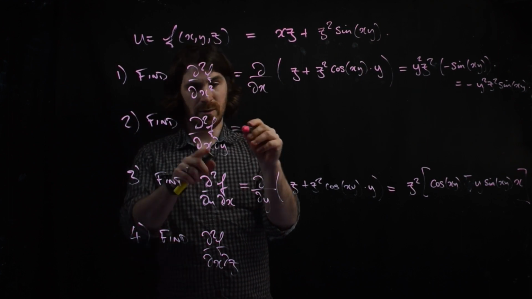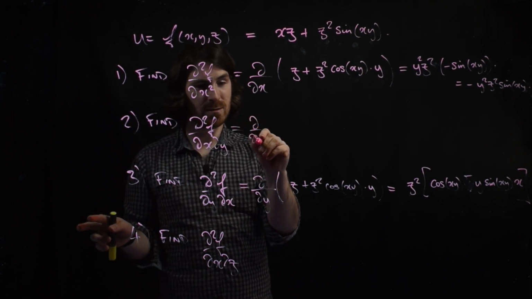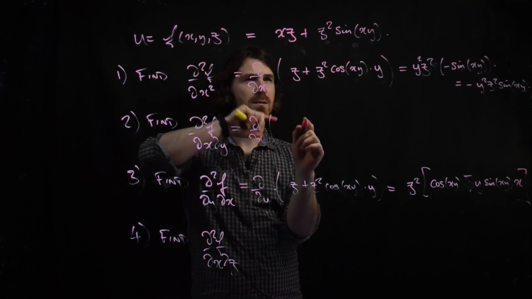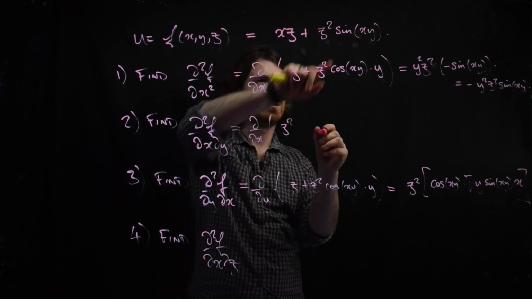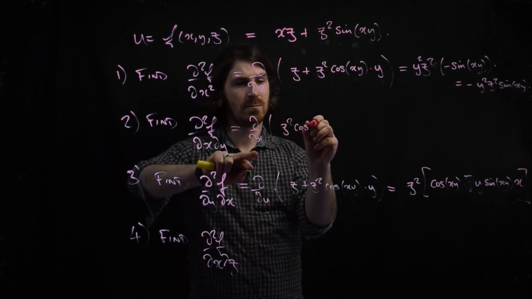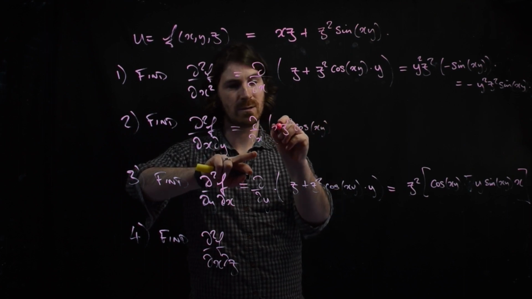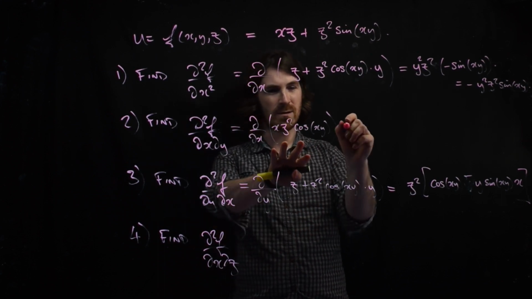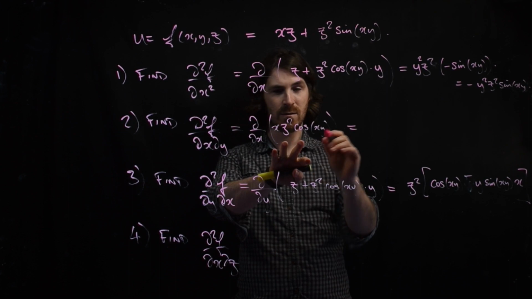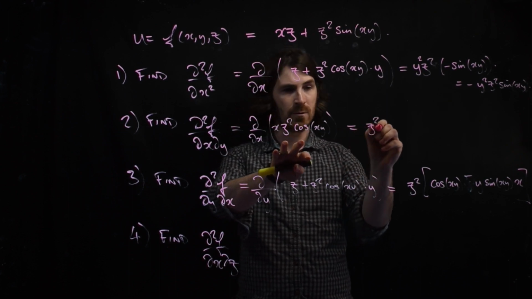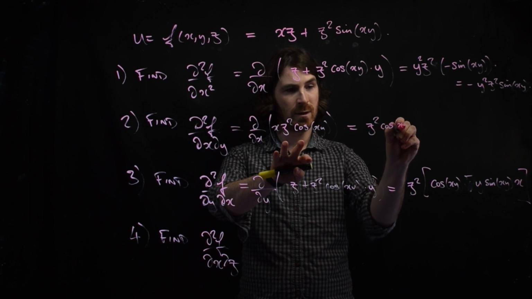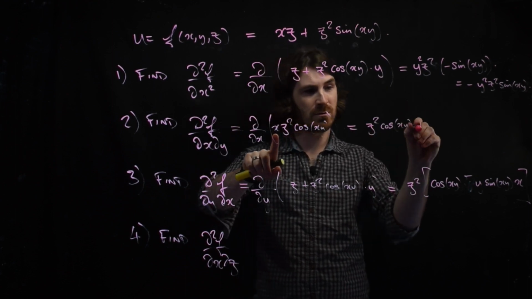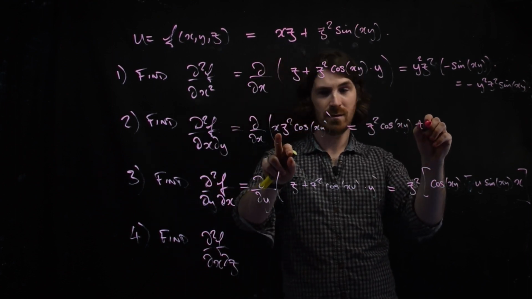Let's think about this one. This is d by dx of df by dy. And what's df by dy? It's equal to z squared cosine xy times x, so it's x z squared cosine xy. Let's differentiate this with respect to x, holding y and z constant. So we'll have a z squared cosine xy. We differentiate x, keep this the same, plus we now differentiate the other term.